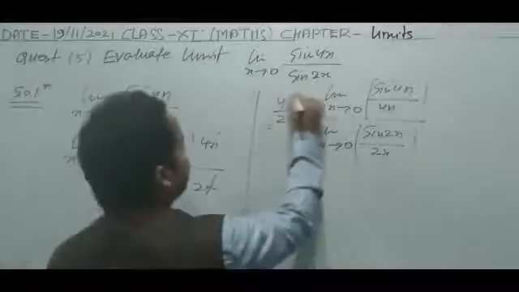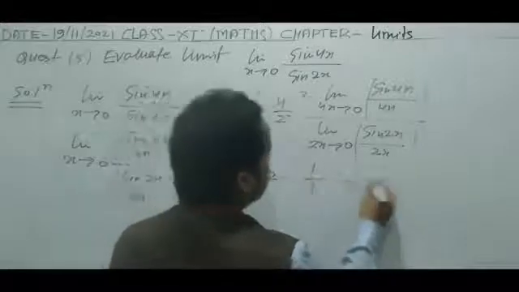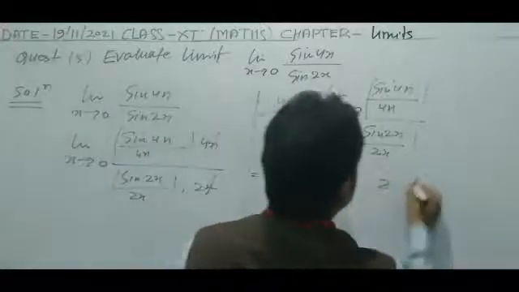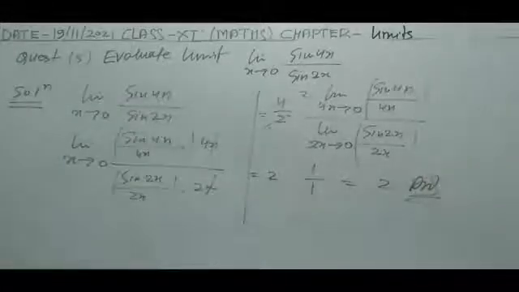This result will be 2. Now 2 into 1 by 1, result is 2. Now this is the answer. Now question number 5 is completed.